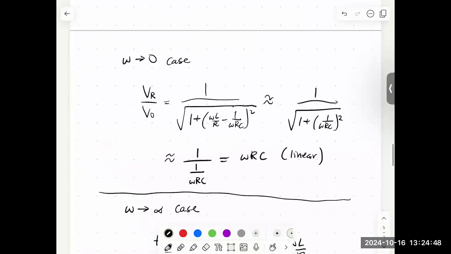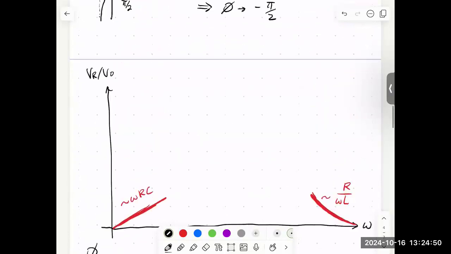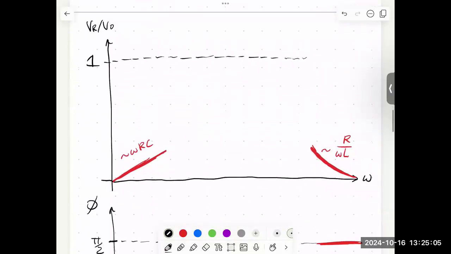And so we go to our plot here and we say, all right, somewhere over here is going to be the maximum possible value of our plot, and that's going to sit at 1. And so maybe it's over here. And so we extend this down, we hit our frequency axis, and we say that frequency is omega naught. And there's going to be a point that sits right there.